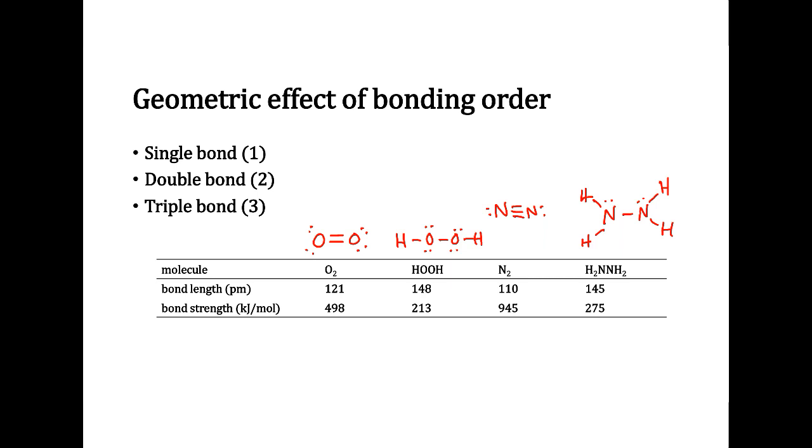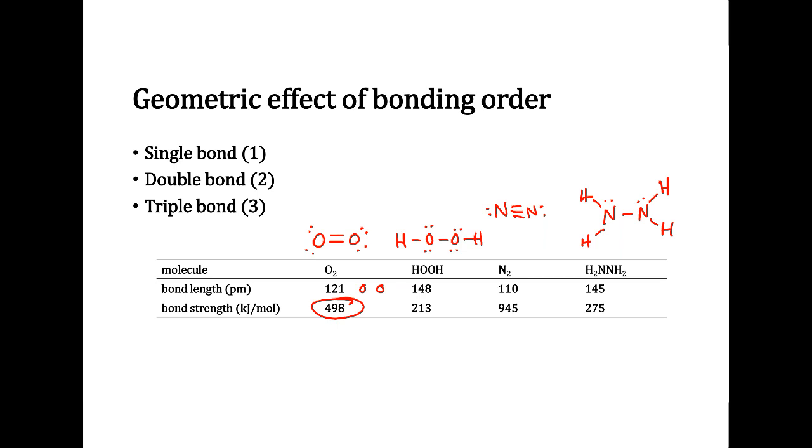As we compare these, notice that for the oxygen-oxygen bond length, if you have a double bond or a higher order bond, the bond length is going to get shorter. And as the bond length gets shorter, the bond strength is going to get higher. The same thing is true for nitrogen.